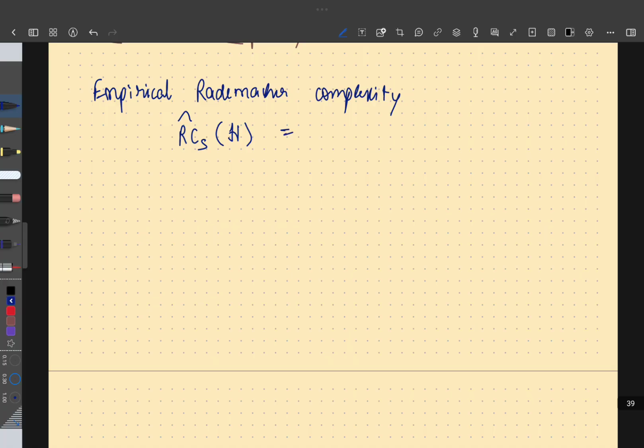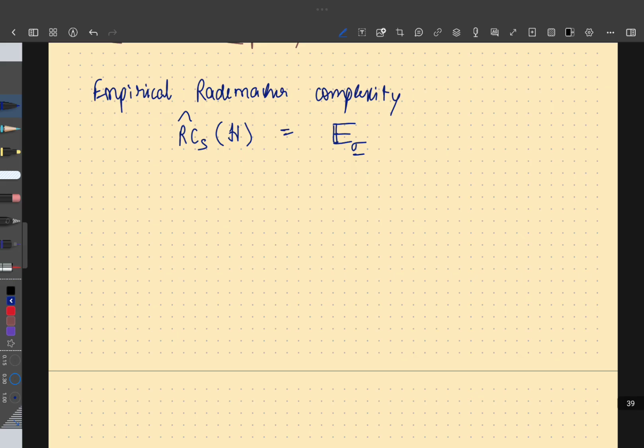So this is equal to, for this I'll define a sequence of IID random variables called Rademacher random variables. Rademacher random variables are those which are like Bernoulli random variables, except they take values +1 and -1 instead of 0 and 1. It's an expectation over these Rademacher random variables, which I denote sigma. So sigma underline is a vector of Rademacher random variables.